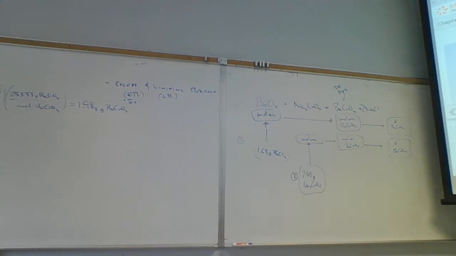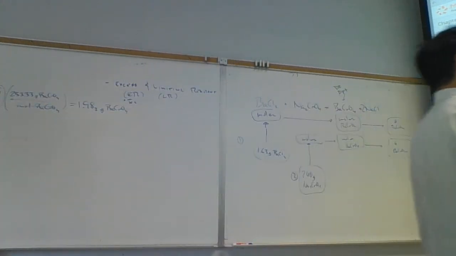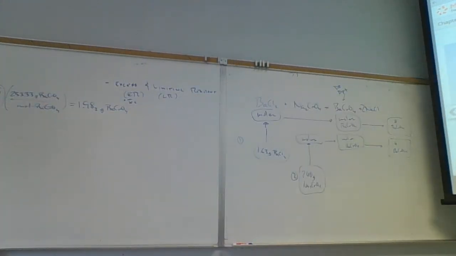That's 2 times the sodium's molar mass, 22.99, which gives 45.98. Then 1 chromium, 52.00, and 4 oxygens, 64.